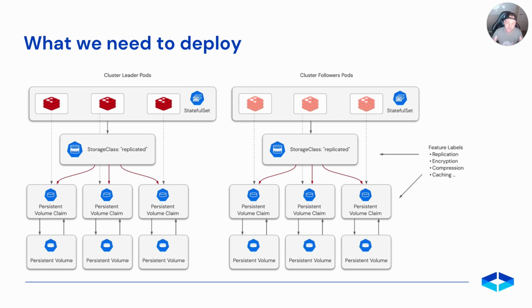So dynamically, the storage class will provision a persistent volume claim and persistent volume that will be individually attached to every pod that is composing that application. So without waiting any further, let's get connected into that console.